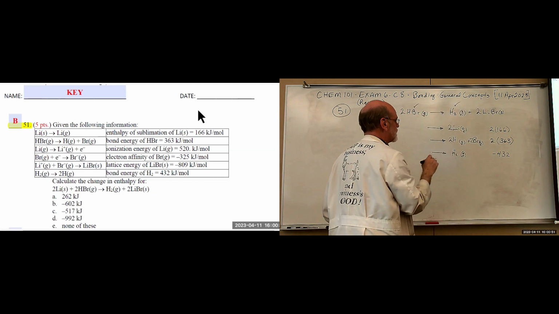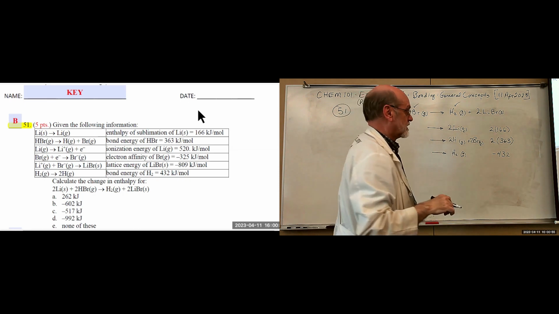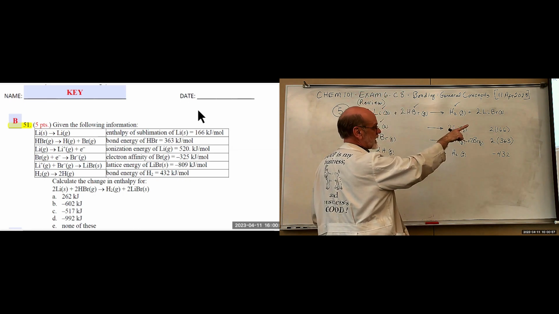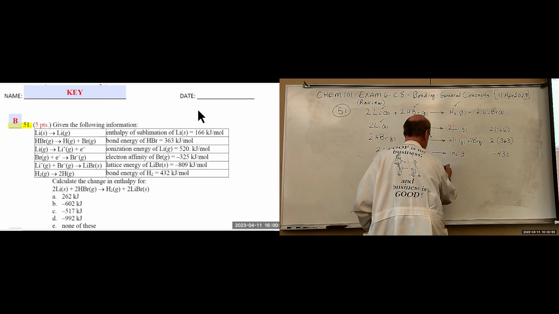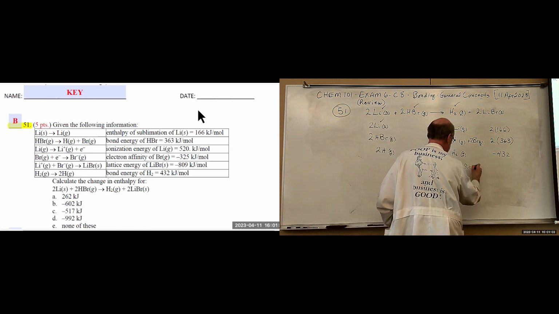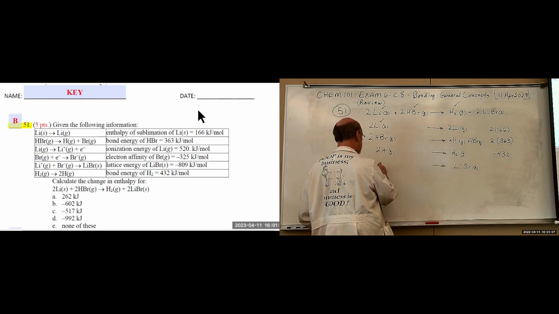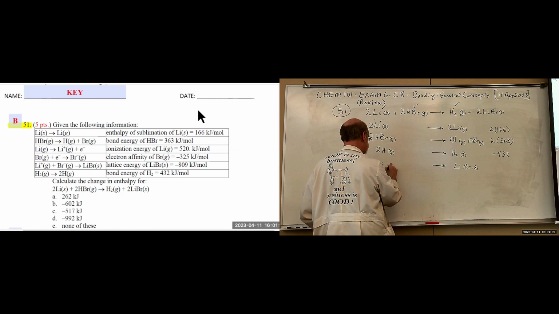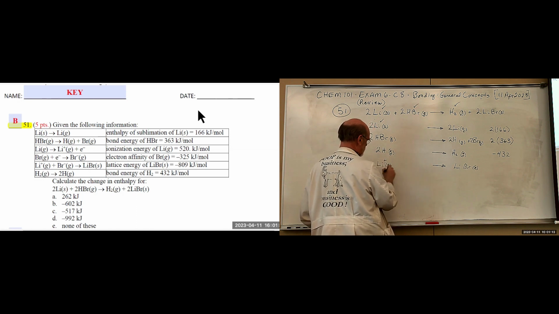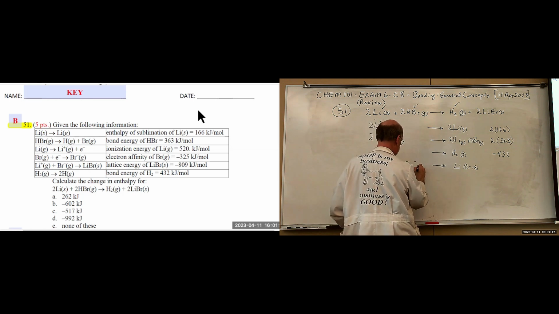How about lithium bromide? That's probably going to be lattice energy. Lithium bromide on that side? Yes, there it is. Lithium bromide solid, and that is formed from lithium gas plus bromide ion gas.